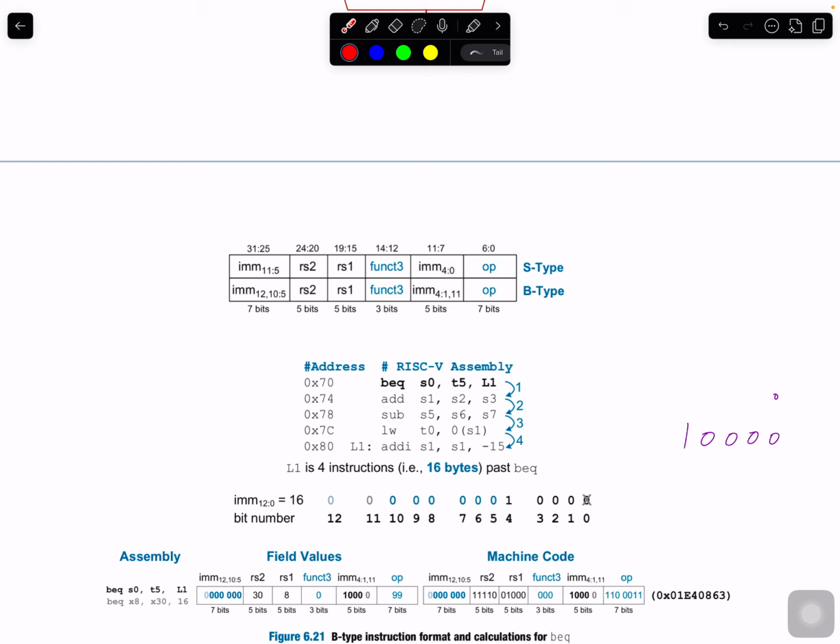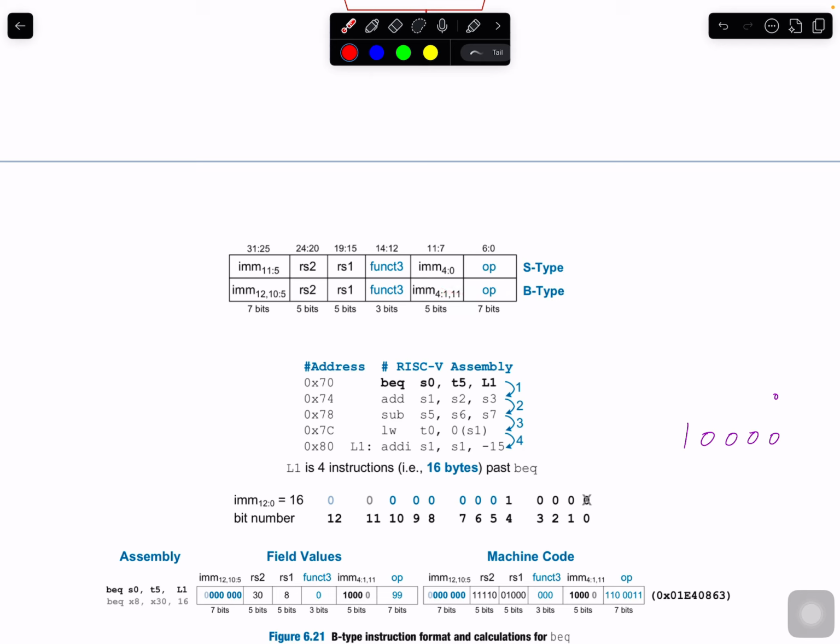Backward compatibility again goes back to hardware simplification. So we can say that this least significant bit is always 0. Whenever it jumps, it always lands on a boundary where the least significant bit is 0. So what's the point of storing a 0 that always stays 0?